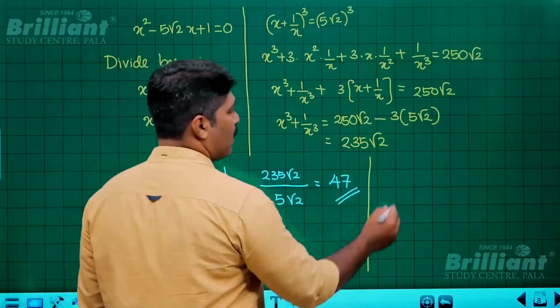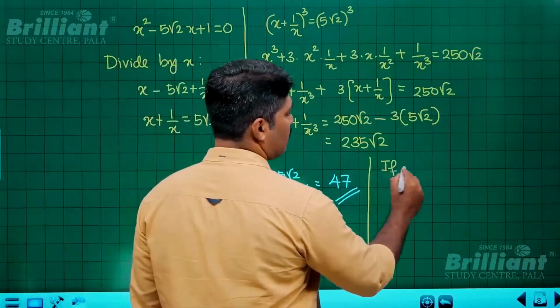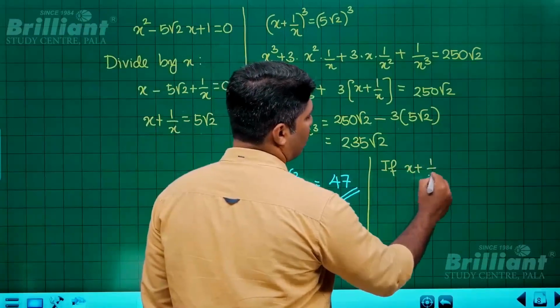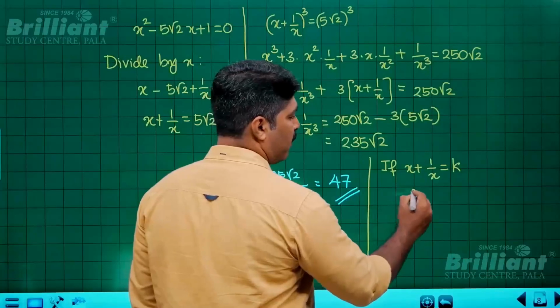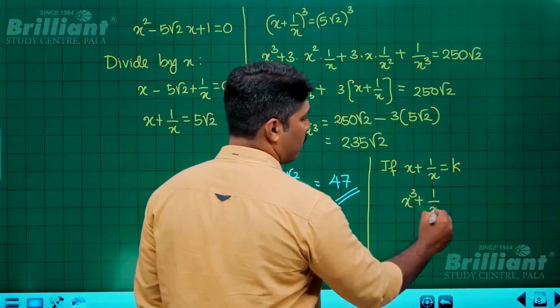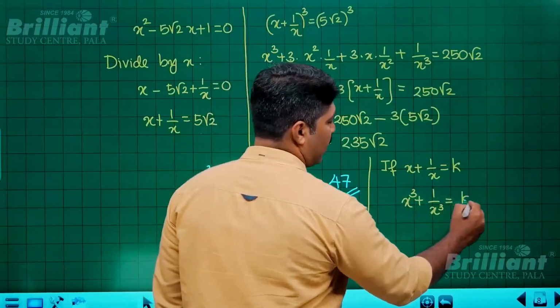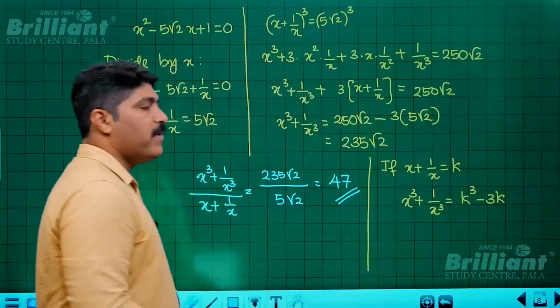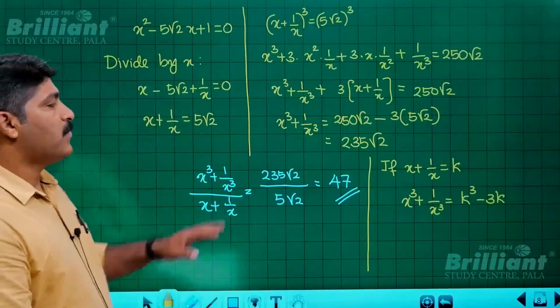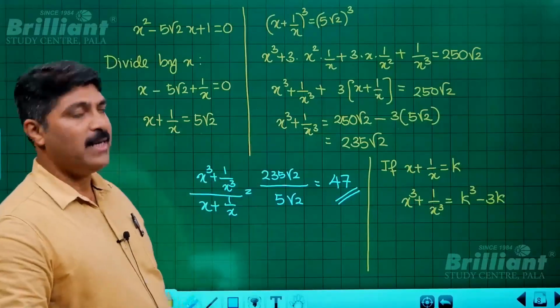So here, if x plus 1 by x equals k, then x cube plus 1 by x cube is simply k cube minus 3k. It's a very useful result while solving these types of questions. Clear?